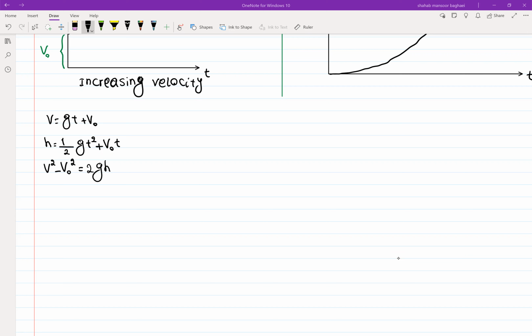For example, if you have condensed mass and you want to shoot it downward, but it has very, very high velocity, again these equations are not valid for this object. Your equations are different from the classical equations. This is not the scope of this course. It should be discussed in advanced physics. Okay.